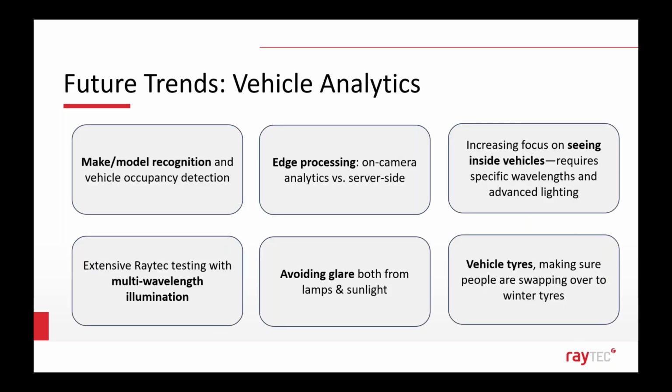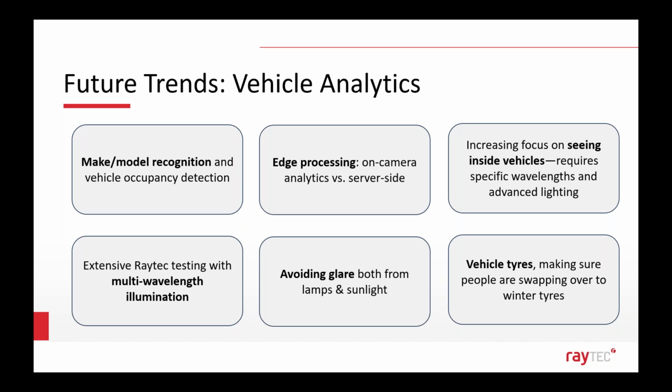We're also seeing more focus on full vehicle analytics. So as mentioned, make, model, occupancy, tire types. Tire types in particular was a project we were working on in Norway, looking at making sure people had their winter tires on. All of that is becoming much more prevalent, but this again requires better cameras and better lighting, especially inside vehicles, as you've seen from those previous images.